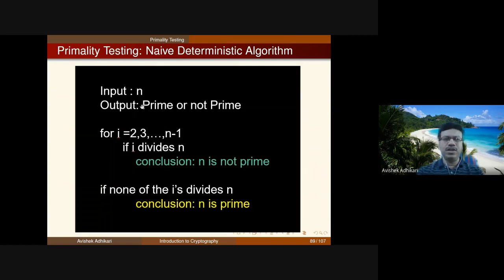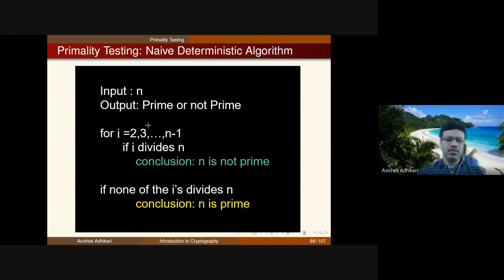That is known as primality testing. So I have as input some positive integer n, and the output will be whether the number is prime or not. Say my given number is greater than or equal to 2.